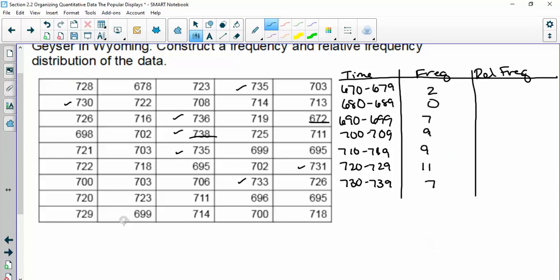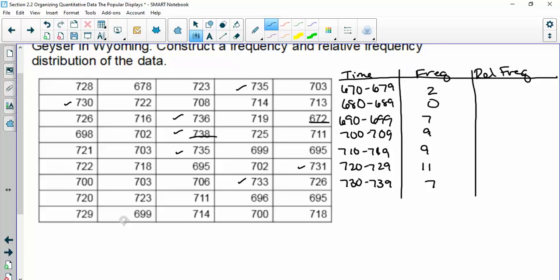Quick check to make sure you didn't miss any. What should those add up to? 45, because I told you we had 45 points. And it does. So then to get our relative frequency, we do each of those divided by 45.